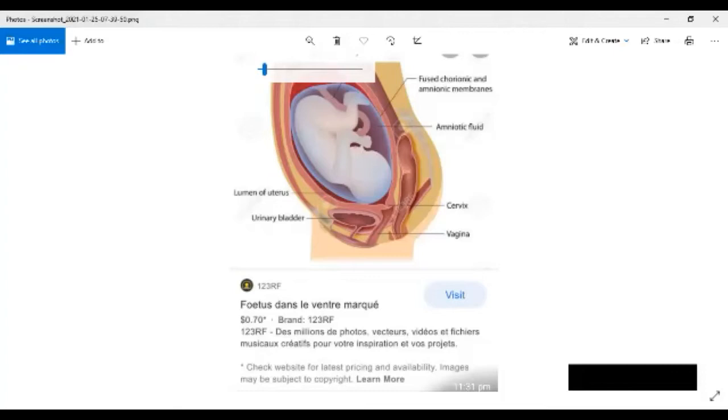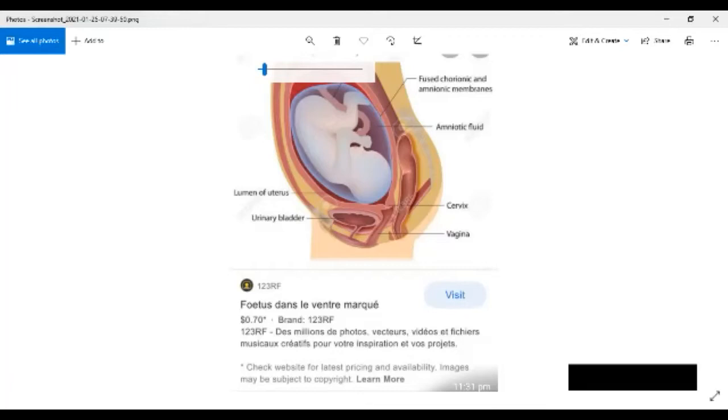Then the placenta helps in the exchange of material between the mother and fetus without mixing the blood of mother and fetus.